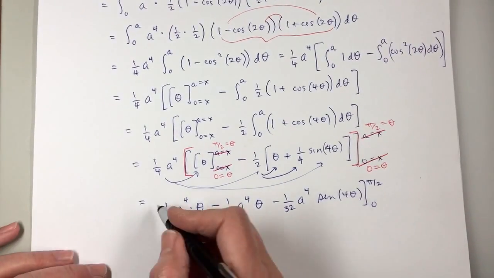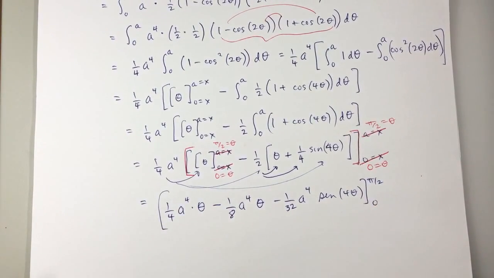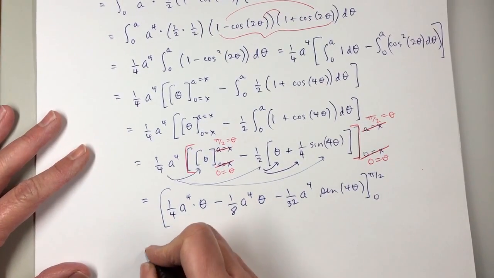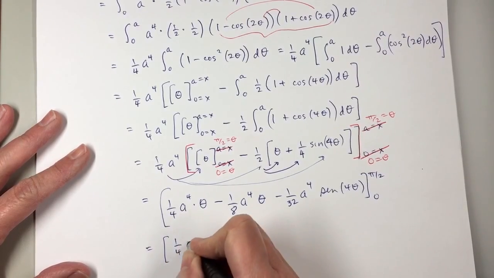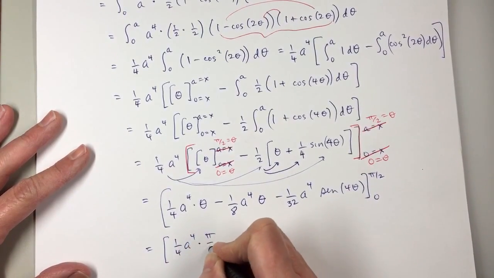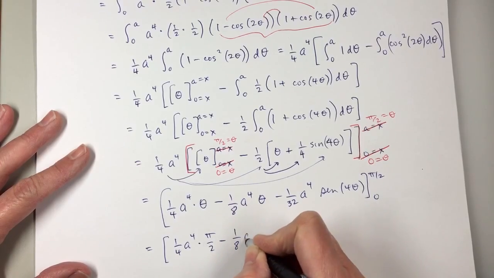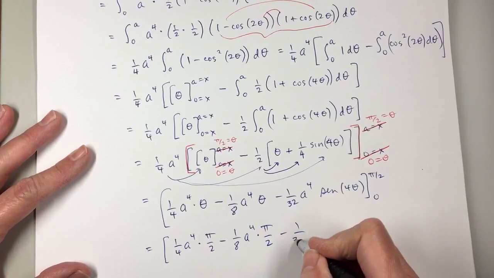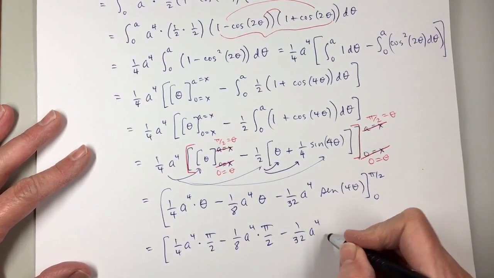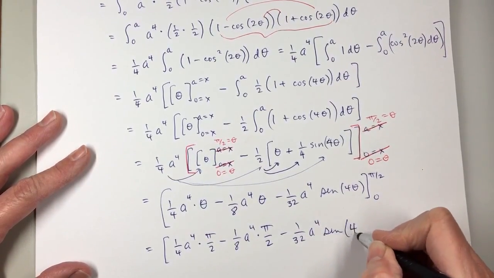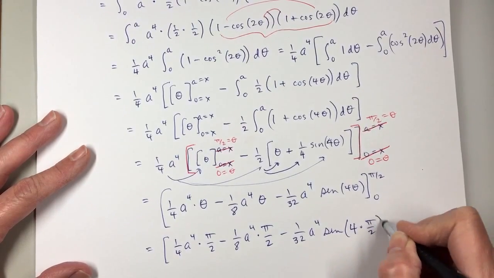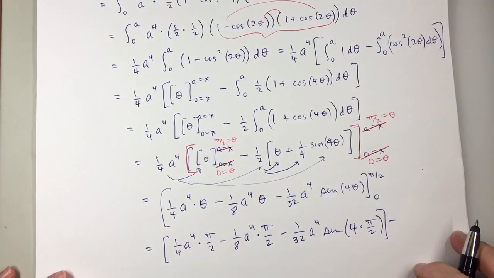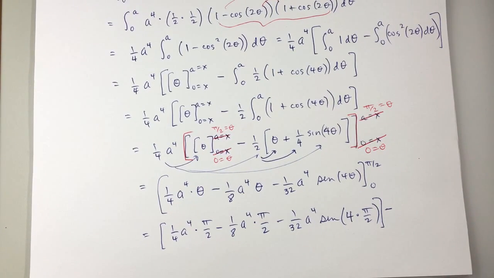So every theta will plug in pi over 2 and then get that answer and then plug in 0. So 1/4 a to the 4th times pi over 2 minus 1/8 times a to the 4th times pi over 2 minus 1/32 a to the 4th times sine of 4 times pi over 2, minus, I do want you to think about what happens when you plug in 0.